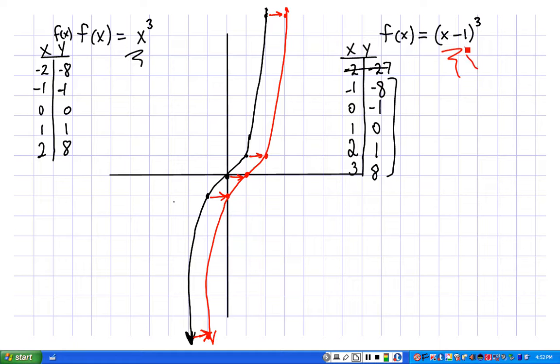And that's because of this -1 embedded inside of my parent function, which is x to the third. It's inside of the parentheses. So the fact that it's embedded inside of the function tells me that I will now have what we call a horizontal shift.